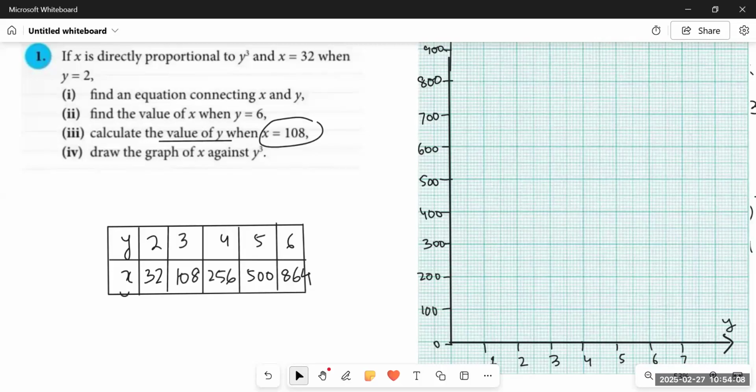Since x is equal to 4y cube, we will take the x coordinate on the y-axis and the y coordinate on the x-axis. So what we have done is marked the values of y on the x-axis and the values of x on the y-axis. So don't get confused. Now, for the value of y as 2, the value of x is 32.